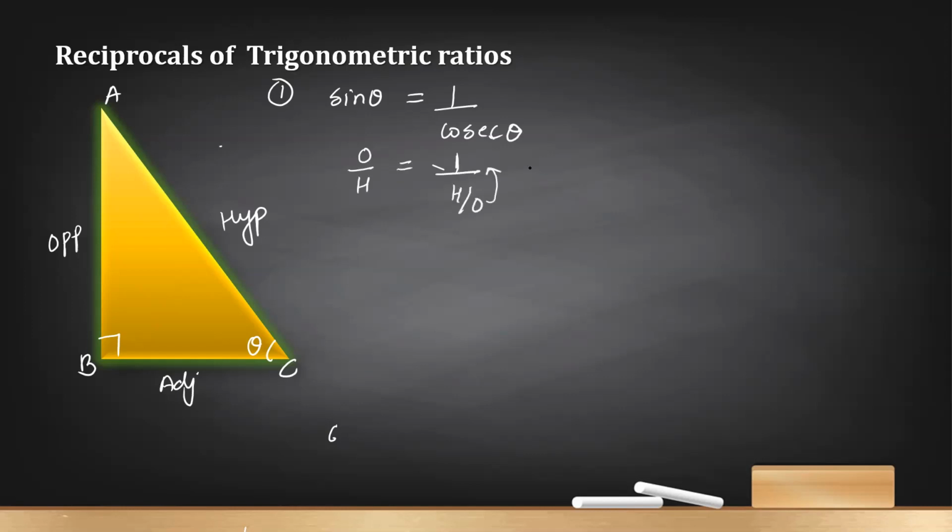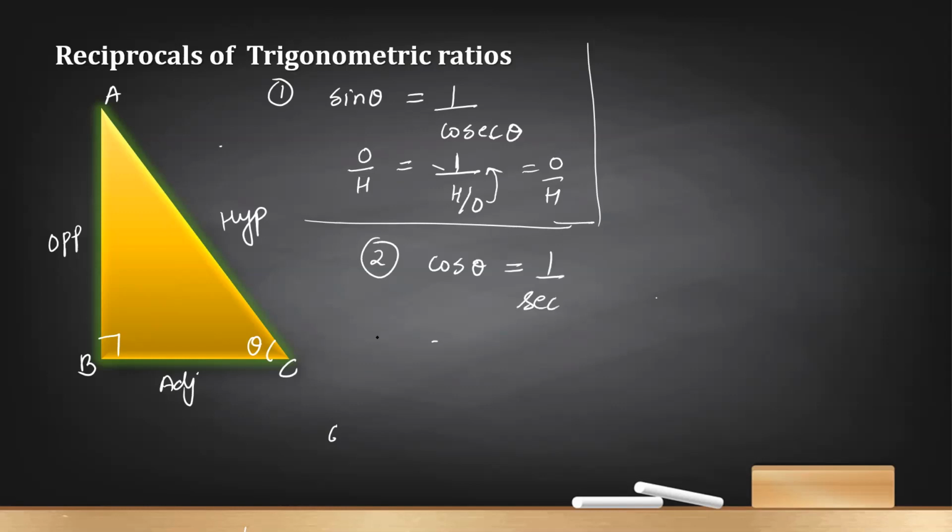This goes up, O upon H, hence LHS is equal to RHS. In the same way, we can derive the other formulas as well. Second, cos theta is equal to 1 upon sec theta. Third, tan theta is equal to 1 upon cot theta. In the same way, fourth, cot theta is equal to 1 upon tan theta.